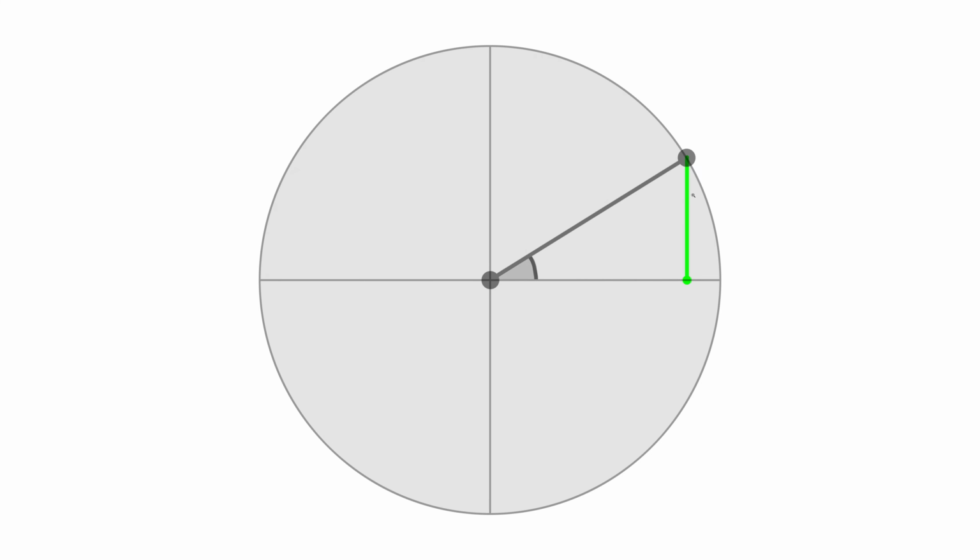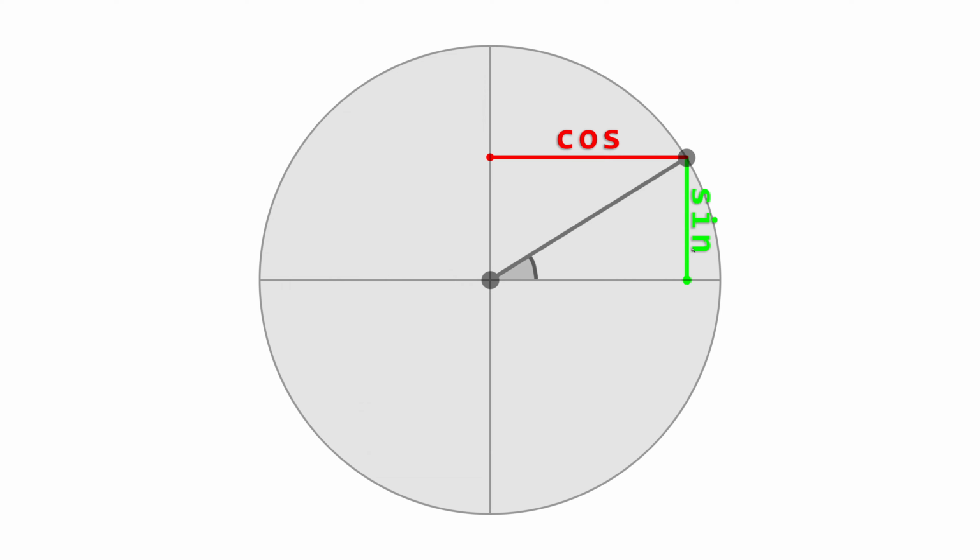So the length of this line is our sine value. We can also create a line from our point that is perpendicular to this new angle here, and this value is our cosine. The length of this line is our cosine, and the length of this line is our sine.